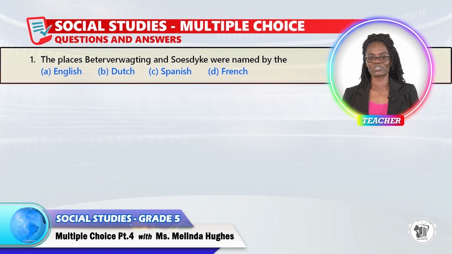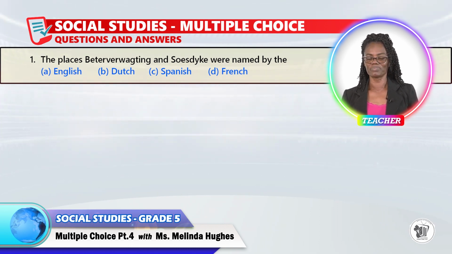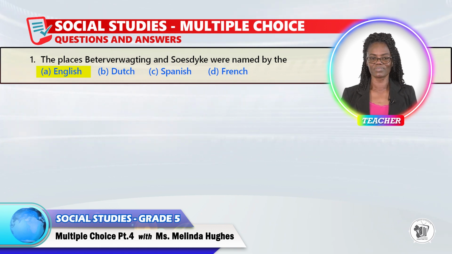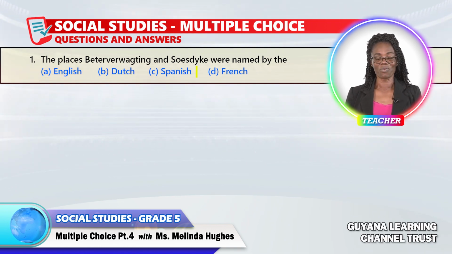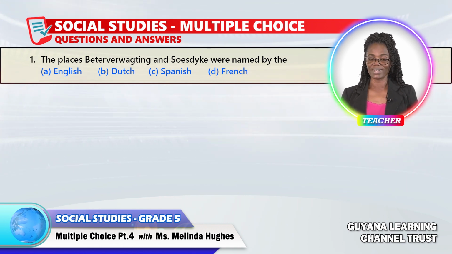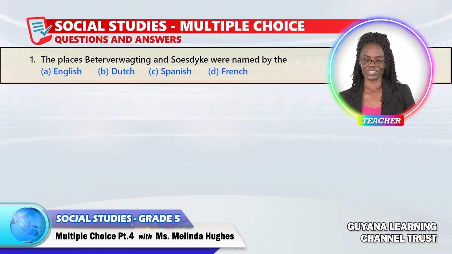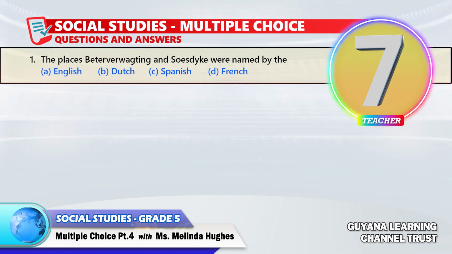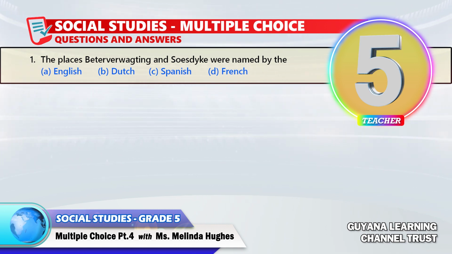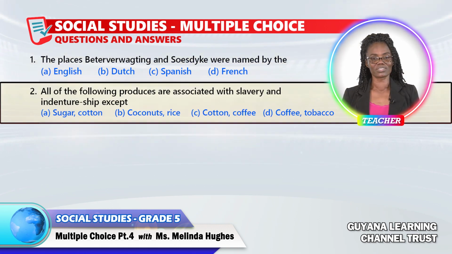Question 1. The places Betterforwachtin and Soestdijk were named by the A, B, C, or D. Write the letter that you think has the answer for question 1. Question 2.